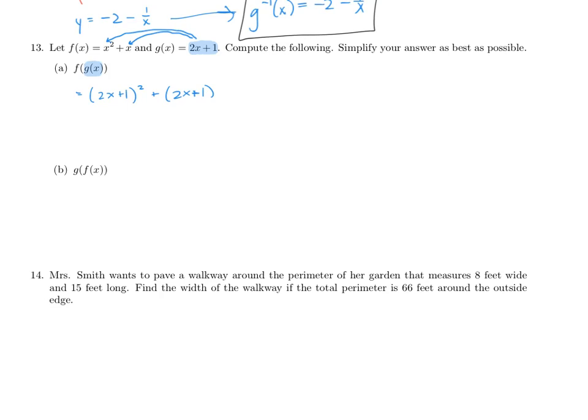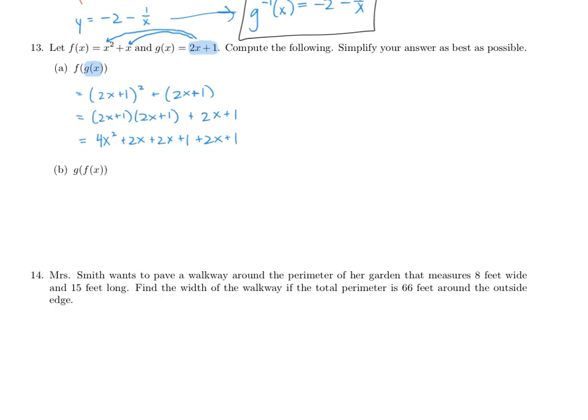And now we're going to simplify. So 2x plus 1 squared, remember that you have to write that down twice and multiply it all out. And then you still have to add that other 2x plus 1 at the end. And so now we're going to have 2x times 2x is 4x squared plus 2x plus 2x plus 1. And then bring down the 2x plus 1.